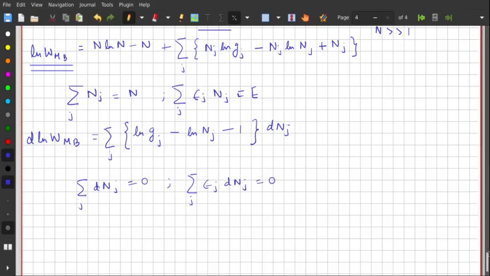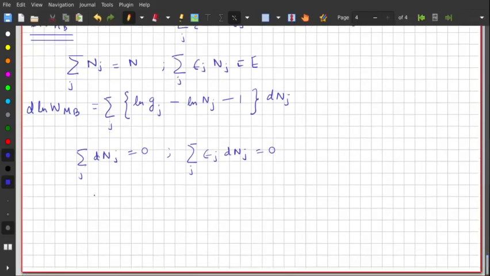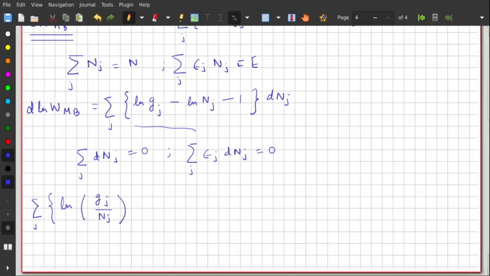Now if we use the method of Lagrange multipliers, which we discussed in the previous segments, this will become sum over j of log gj by nj, which is coming from this term, minus the first Lagrange multiplier alpha times the constraint dnj, minus beta epsilon j, the second Lagrange multiplier, times dnj.